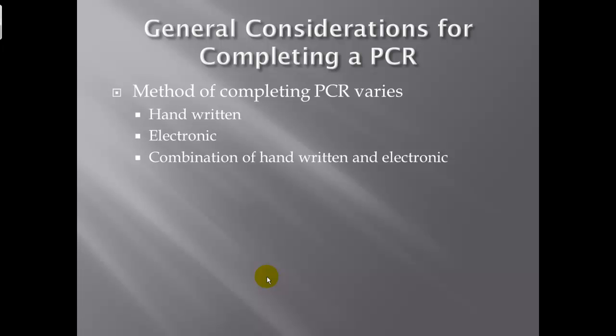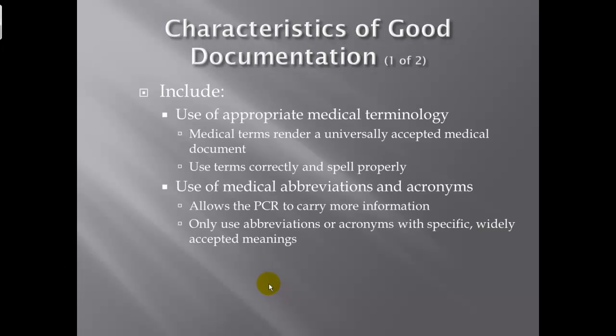General considerations for completing a PCR. Methods of completing a PCR vary, whether it be handwritten or electronic, or a combination of both. Characteristics of good documentation include the use of appropriate medical terminology. Medical terms render a universally accepted medical document.